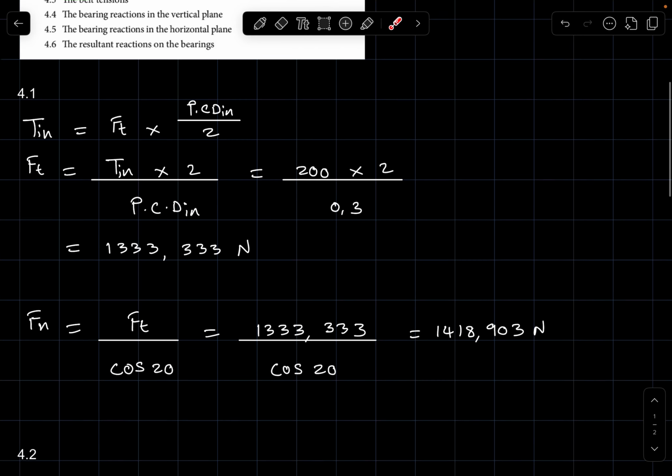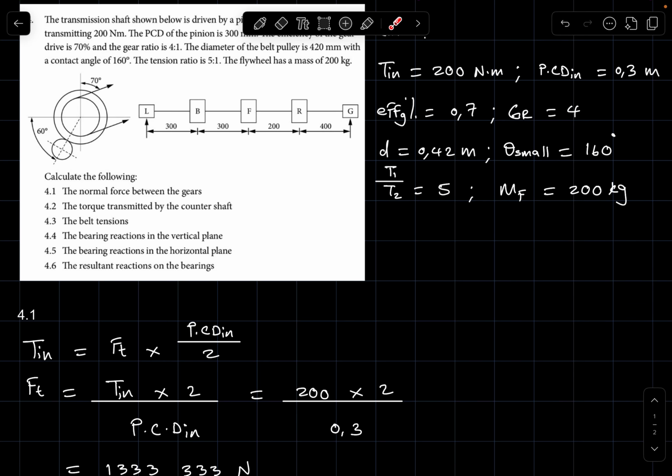Now, having established the output torque being transmitted by the line shaft, it inadvertently means you have the output torque on the belt drive, the output torque of the gear drive as well.